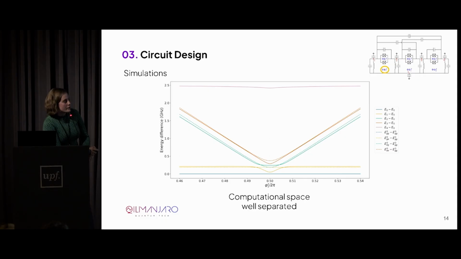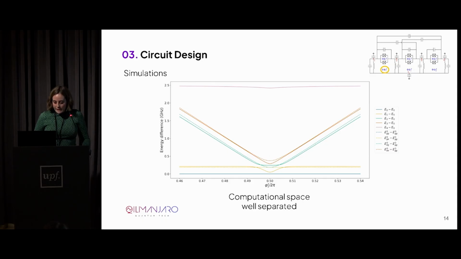And another thing that we can extract from this plot is that we can observe between the first and second level this characteristic avoided crossing that you can find in coupled systems. And that actually later in measurements, you can use this kind of plots to extract the actual coupling strength of your system. And I guess it's something we will do later on.